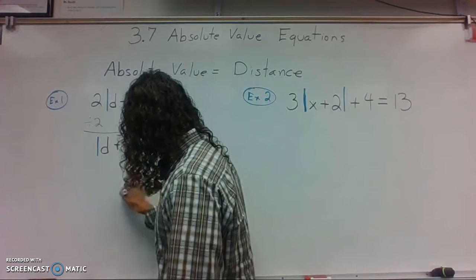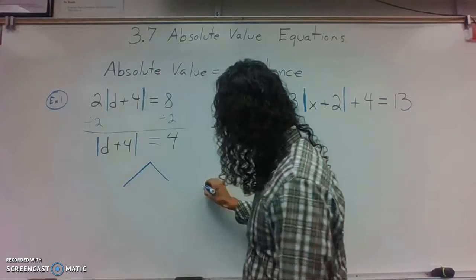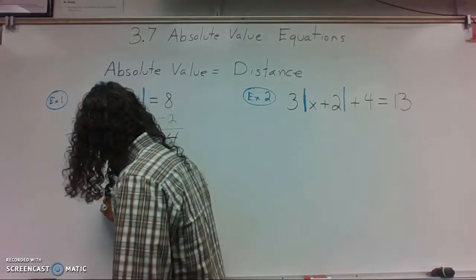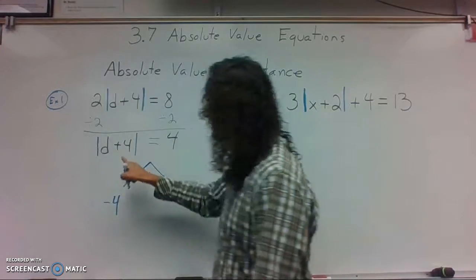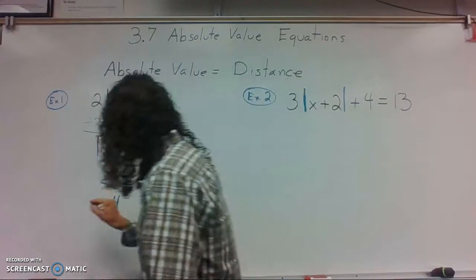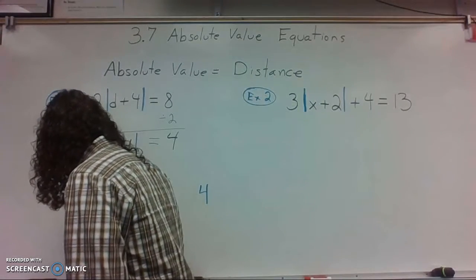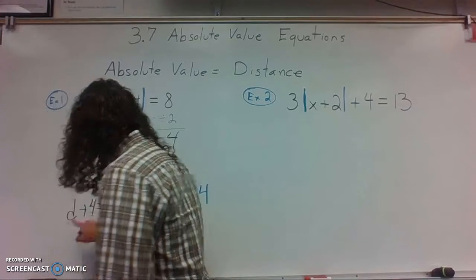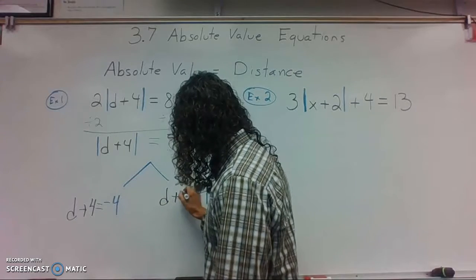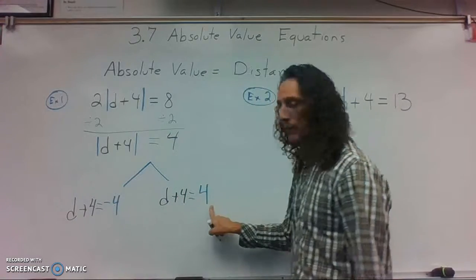So here's my regular 4, and here's my negative 4. Now I can get rid of the box and just drop down the equation. So d plus 4 equals negative 4, and d plus 4 equals a positive 4.